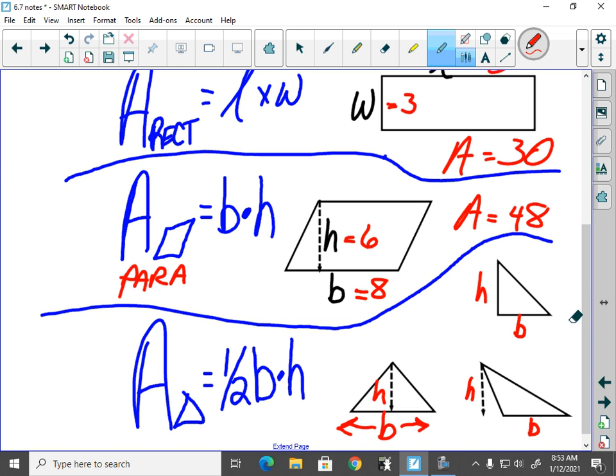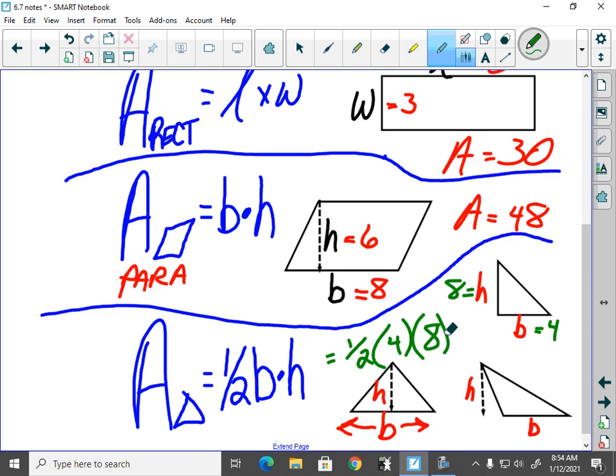Okay. It doesn't matter where I put these two numbers. I could have put them on the top triangle, the second triangle, or the third triangle. I'm just going to put them up top here. I'm going to say that the height was 8 and the base was 4. So the area would be 1/2 times 4 times 8.